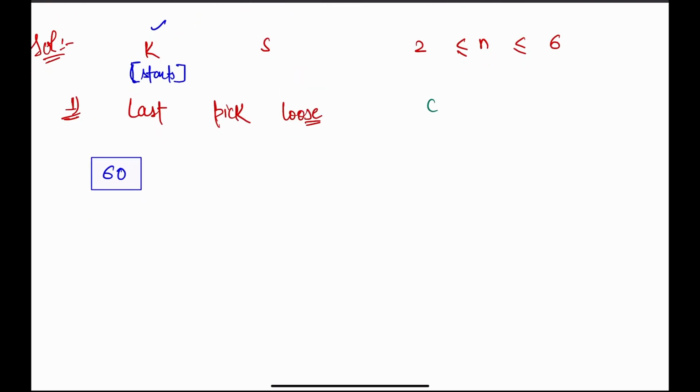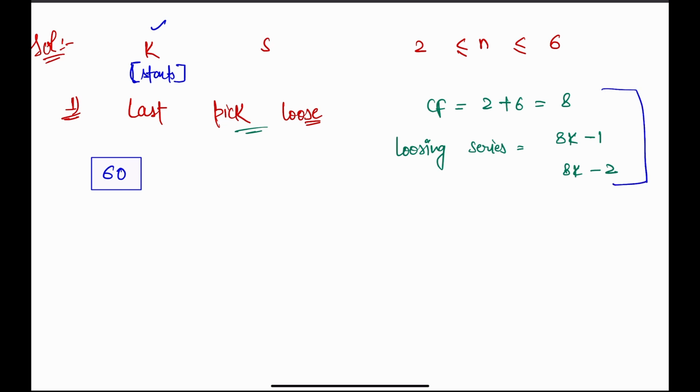First step is to calculate CF: 2 plus 6, 8. Losing series, last pick lose, so it will look like 8k minus 1, then 8k minus 2. I'm not going to write it down again because we have already calculated what CF is and what the losing series is.